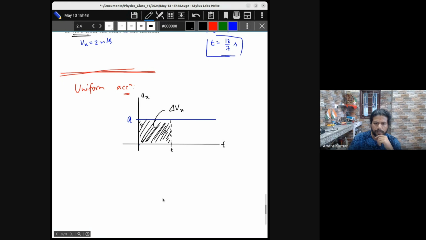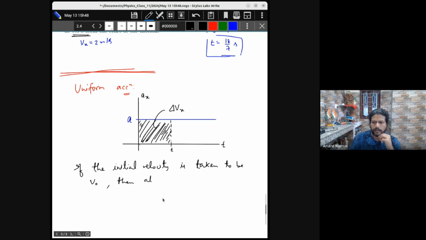So if the initial velocity is taken to be, let's consider it as V naught. V naught is the initial velocity.